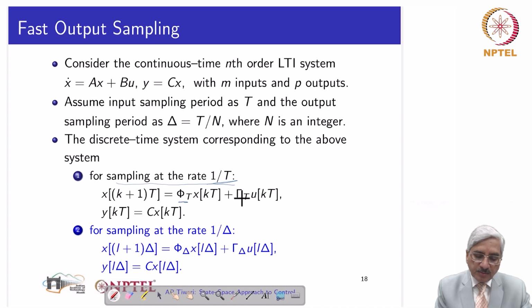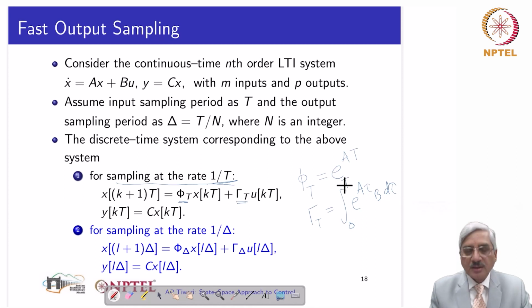It is characterized by the matrices phi T and gamma T, where phi T is e to the power AT and gamma T is the integral of e to the power A tau B d tau between 0 to T. This relation we discussed in the first lecture of this week.